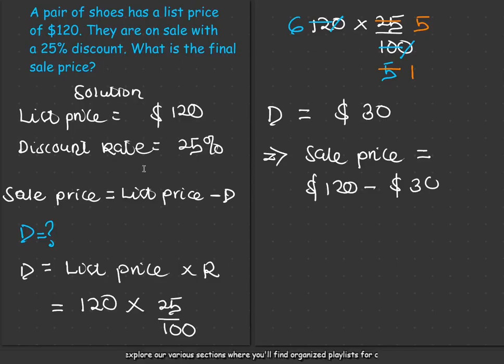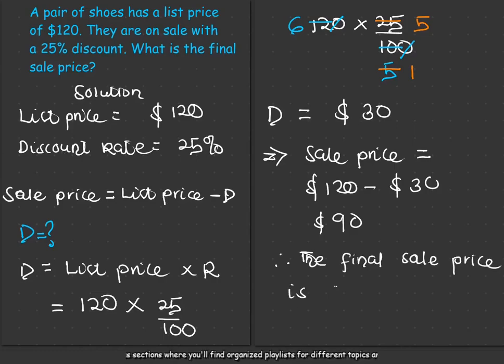Subtracting that gives us $90. So we can therefore say that the final sale price is $90. As simple as what you see here.